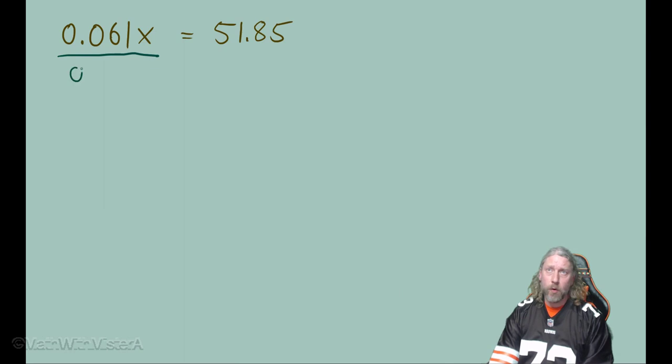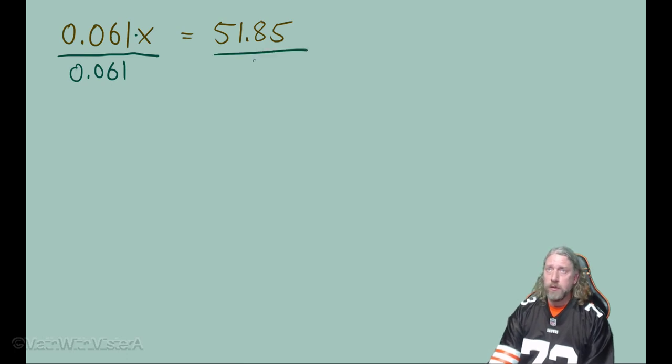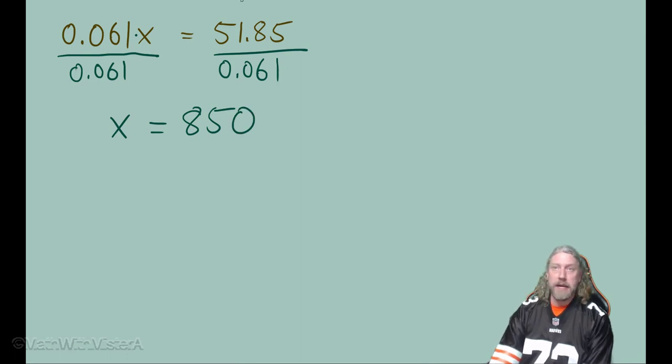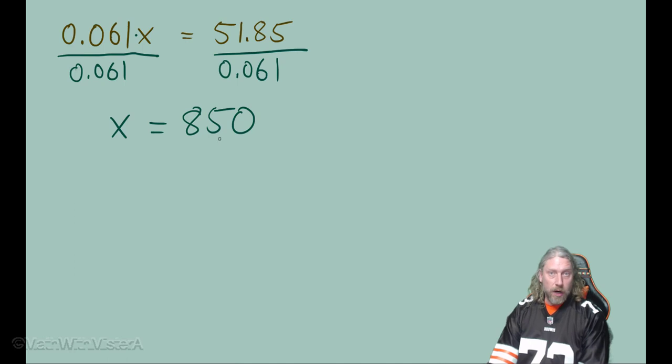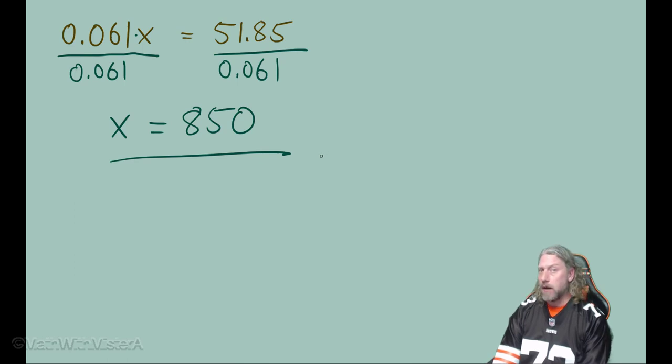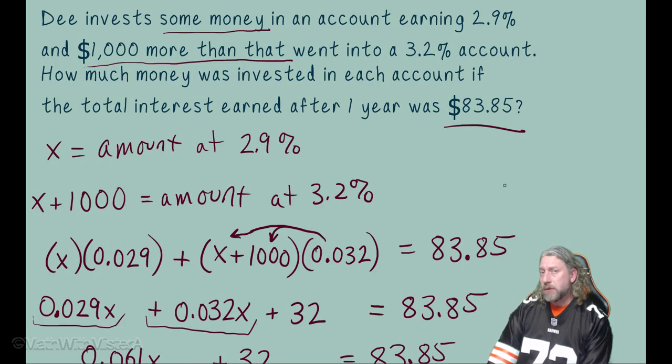Divide by 0.061 as the opposite of multiply by 0.061. We'll do that to both sides of this equation. And that leaves us with X equals $850. So let's bring that solution back to our variable representations and close this problem out now that we know X equals 850. So X was the amount in the 2.9% account.